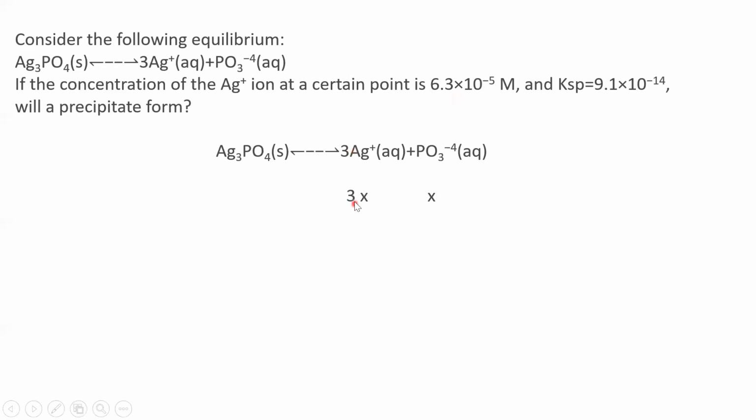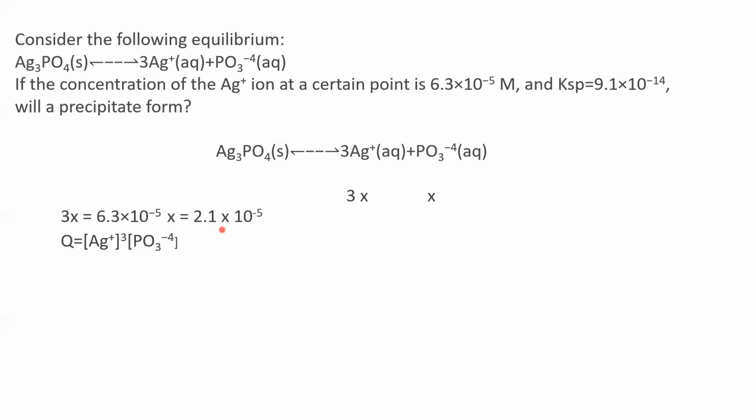The key to that is silver equals 3x, and 3x equals 6.3 times 10 to the minus 5. So you are dividing by 3 to solve for x, which gives you your phosphate. So our silver ion is 6.3 times 10 to the minus 5. That means our phosphate ion is 2.1 times 10 to the minus 5.